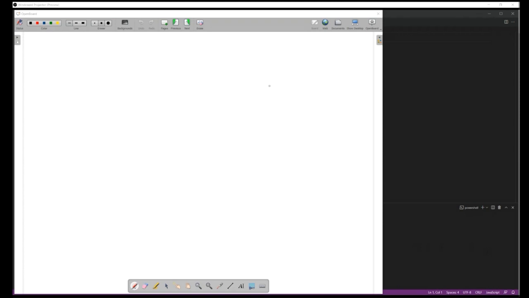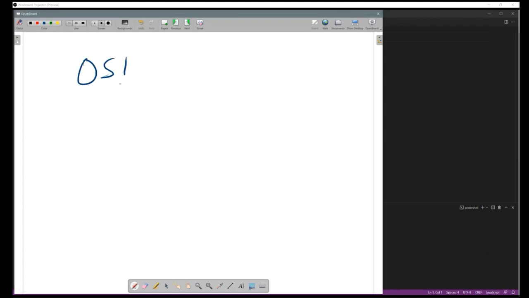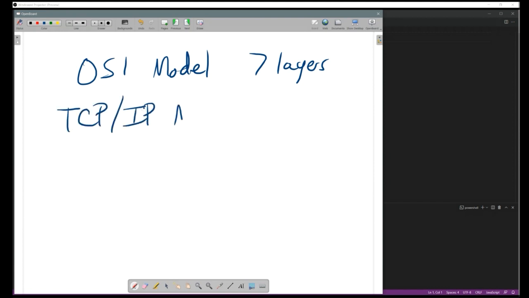So both of these models were built around the notion of layering. And so the OSI model has 7 layers, and the TCP/IP model has 5 layers.